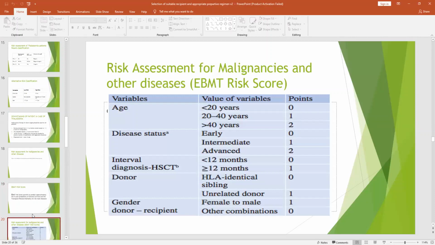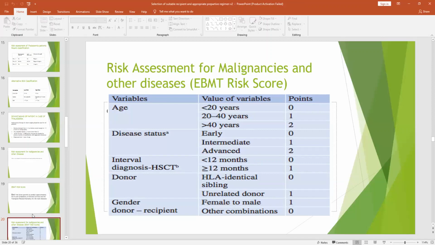This is the EBMT risk score, which has the variables: age, disease status, interval from diagnosis, and gender, whether there is gender mismatch of donor and recipient.